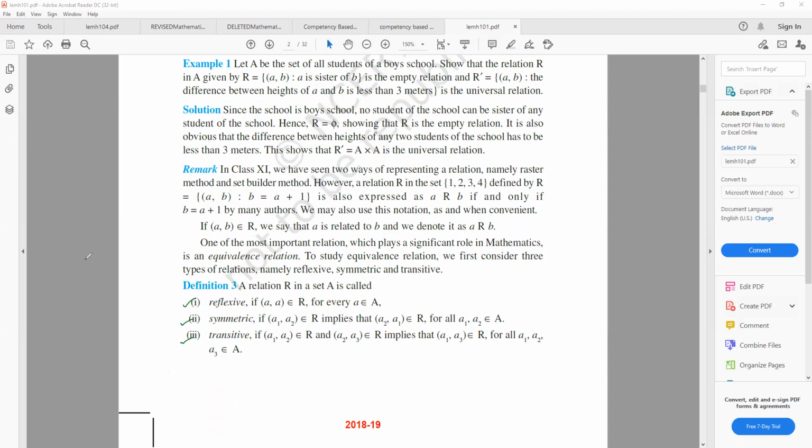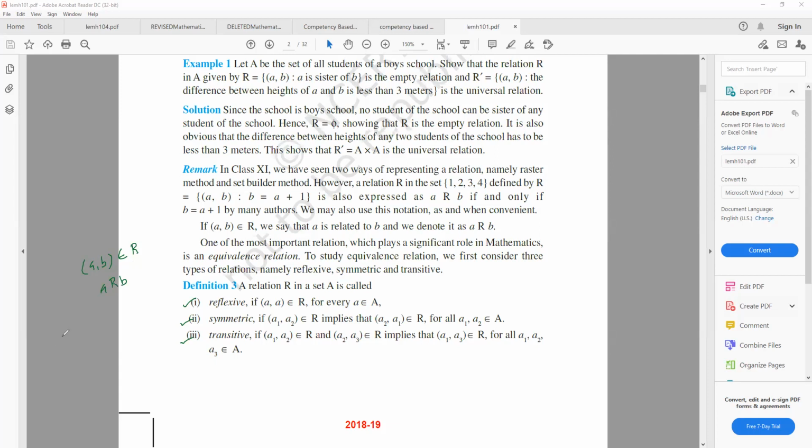See, ordered pair (A, B) belongs to a relation. We can write in this way also: A related to B, both are having same meaning.